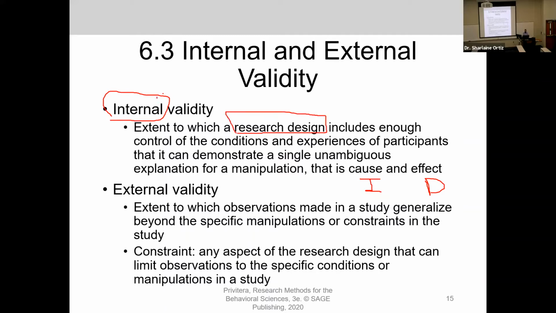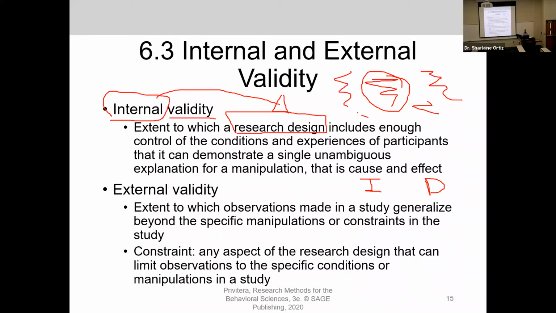That's why it's called internal. Inside of that research. That's what it means by internal. So if this is my little world of research, I'm trying to make sure that the conditions in here remain valid. On the other hand, we also need to explore the external factors outside of my little research world. That is when external validity comes into play.